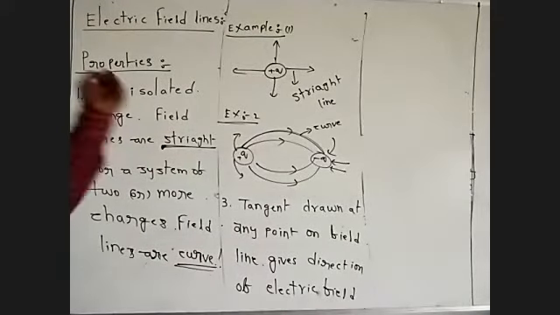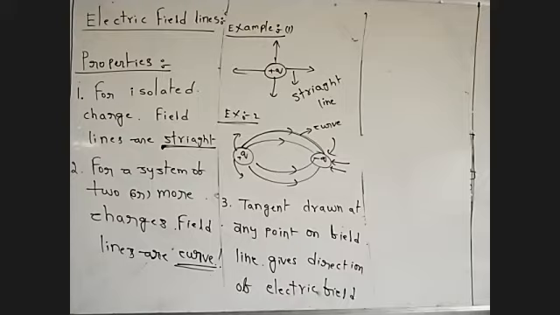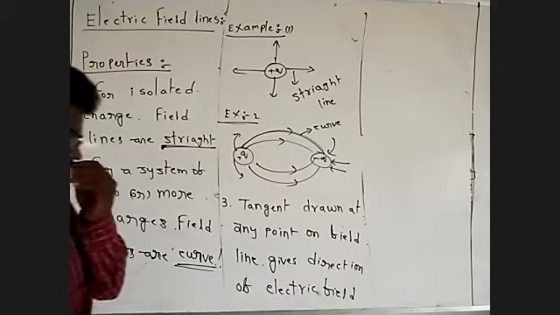Tangent drawn at any point on the field line gives direction of electric field at that point.